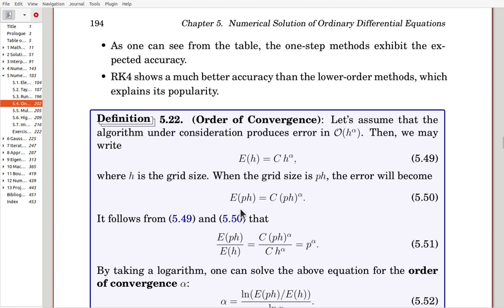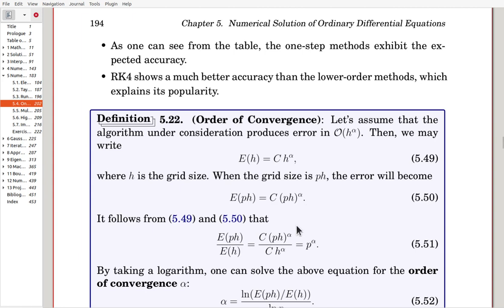If we get another error along with ph, where p can be half or 2, we can measure the error after simulation. Then from the assumption, it must follow this quantity. So we have to solve the problem for alpha.